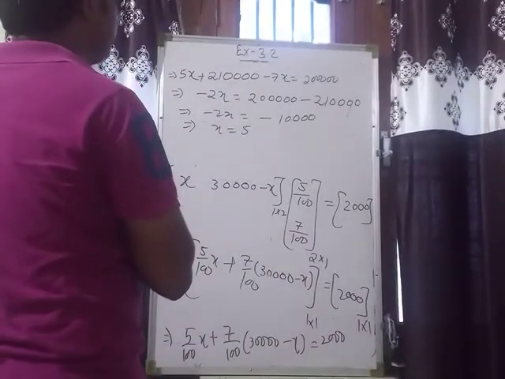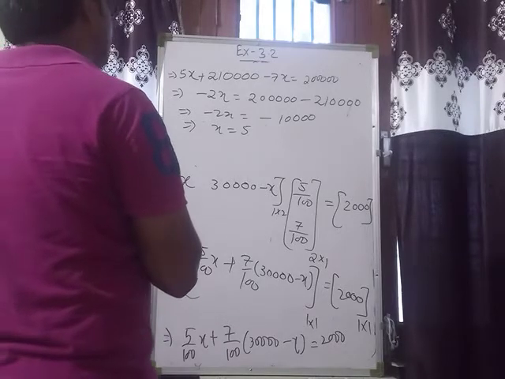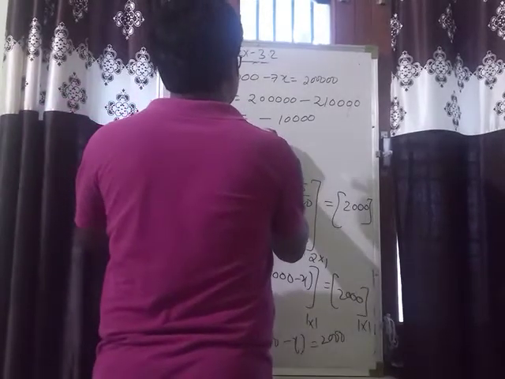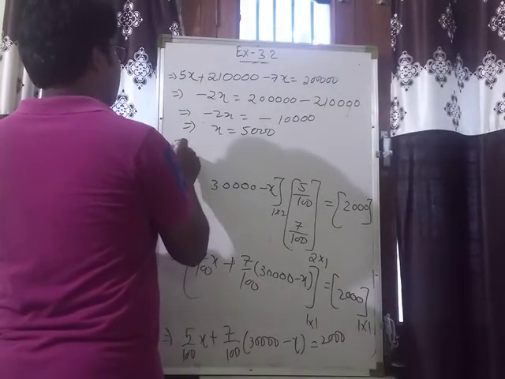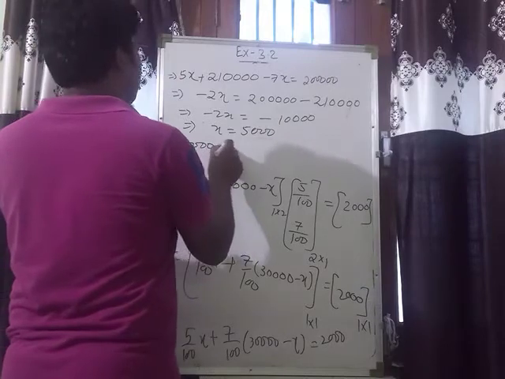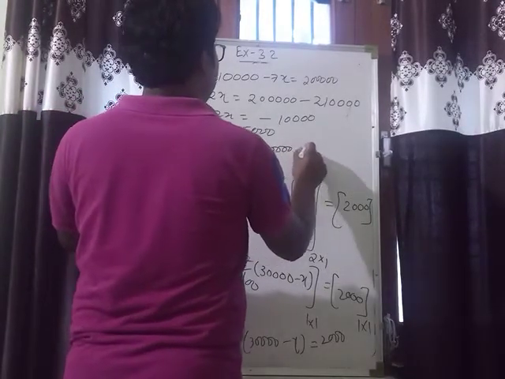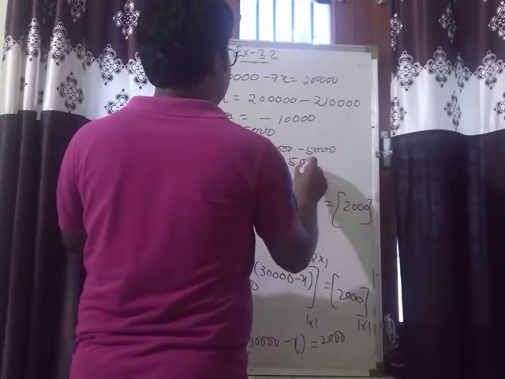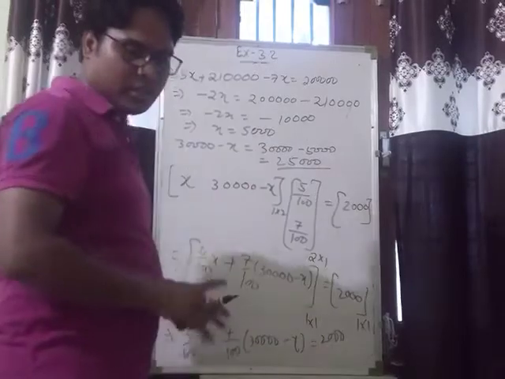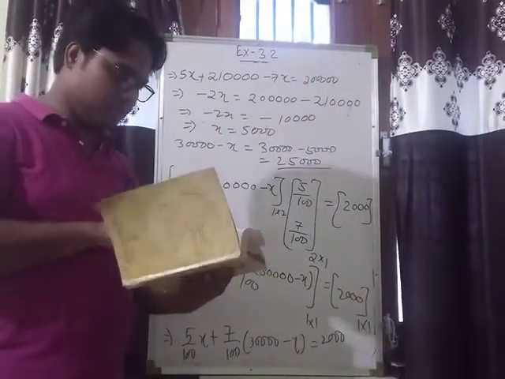Okay, so from here x is equal to what? Is it correct? Yes, that is 5,000, and another will be rupees 30,000 minus x, that is 30,000 minus 5,000, that is 25,000. So see the answer, that should be 5,000 and 25,000.